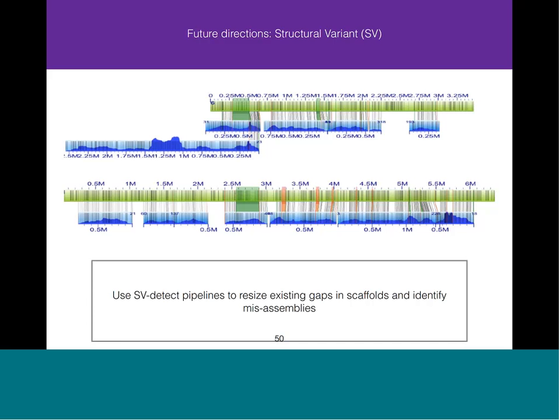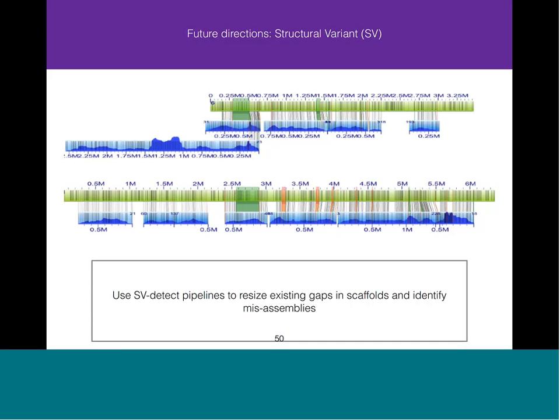So now we're thinking we're going to try to target structural variants that are overlapping with gaps in existing scaffolds to see if we can use that to resize those gaps and also potentially address things like potential misassemblies. That's our future direction, and we're really excited to start playing with that.